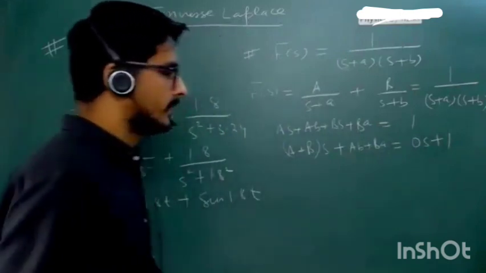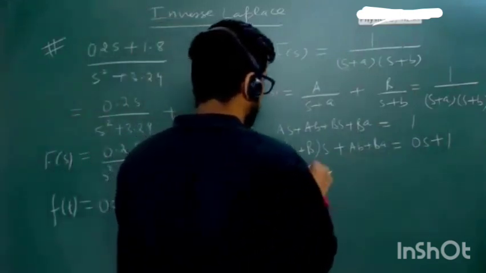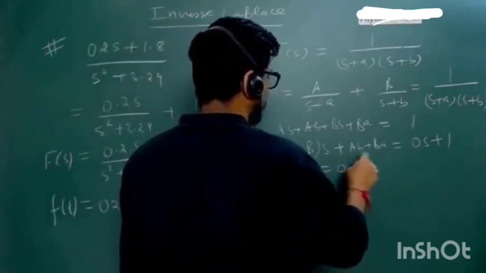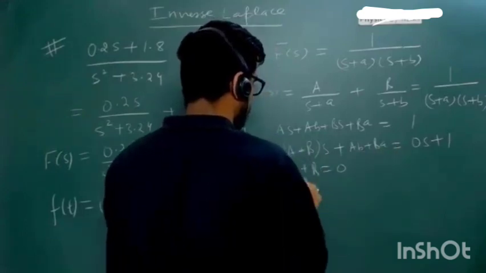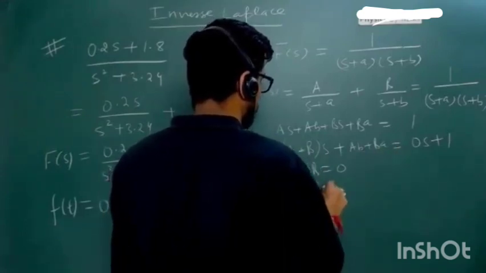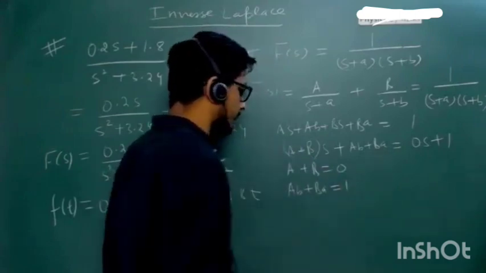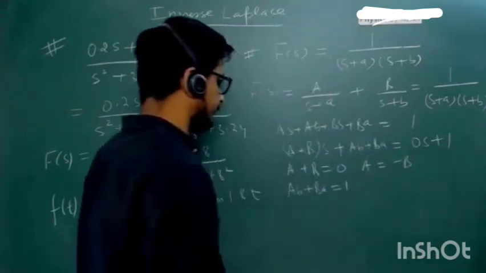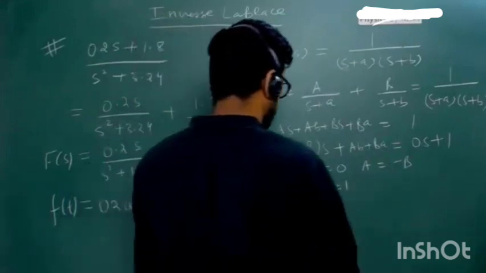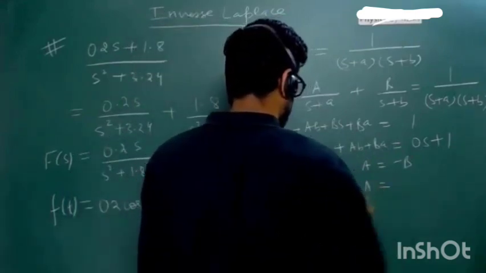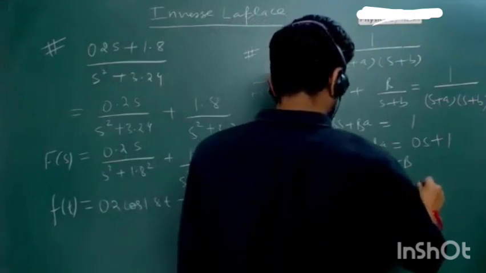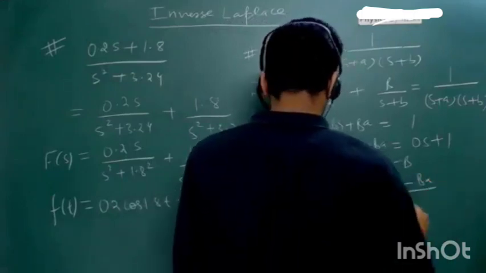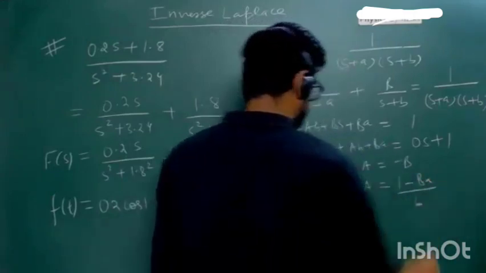Compare the coefficients of s, you will get A plus B is equal to 0, and compare the constants, you will get Ab plus Ba is equal to 1. So from here you will get A is equal to minus B, and if you write this, you will get A is equal to (1 minus Ba) upon b.